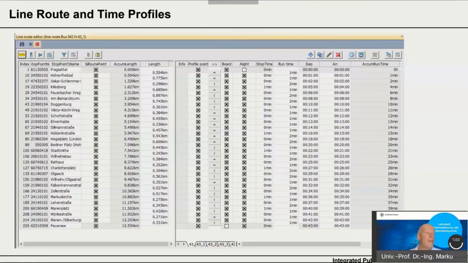In urban areas, we often work with minutes, but we have maybe 90 seconds travel time and then 30 seconds for the stop. Here you get then the departure and the arrival time. Here you have our 43 minutes. And below here you see that there are different time profiles, which may depend on the time of day.